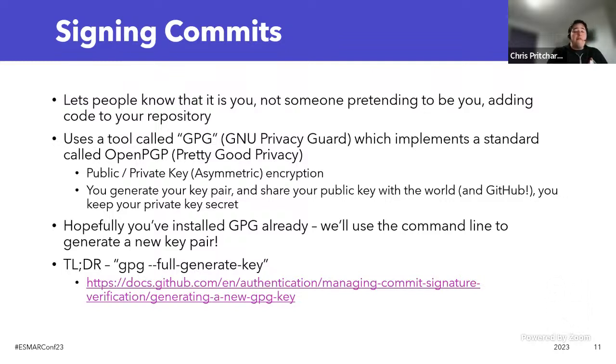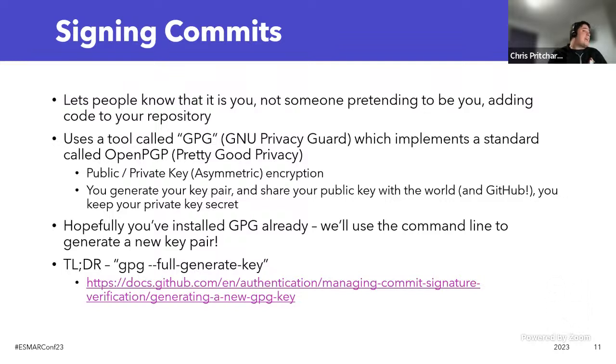Hopefully, if you signed up for this workshop, you've already installed GPG, but if not, there are some links on the webinar sign up page, and I will dig them out and put them in the chat as well. Once you've installed GPG, you'll have the GPG command available, be that on Windows, Mac, Linux, whatever operating system you're using.